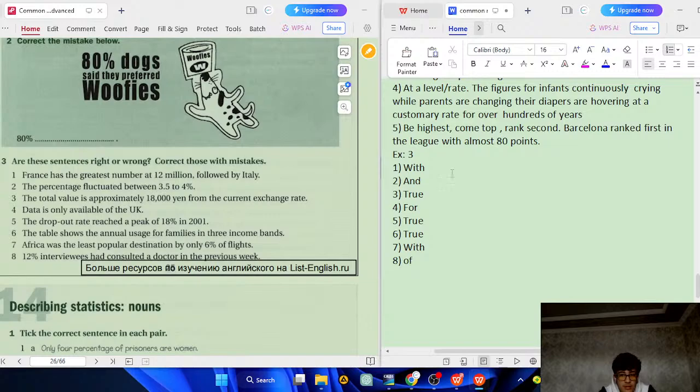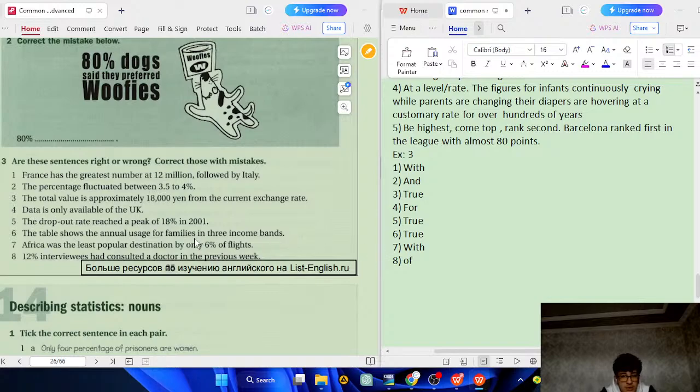Let's check it again. Greatest number with 12 million, followed by Italy. Percentage, and true. The total value is approximately 18,000 yen from the current exchange rate. Okay, data is only available for the UK. The dropout rate reached a peak of 18% in 2001.